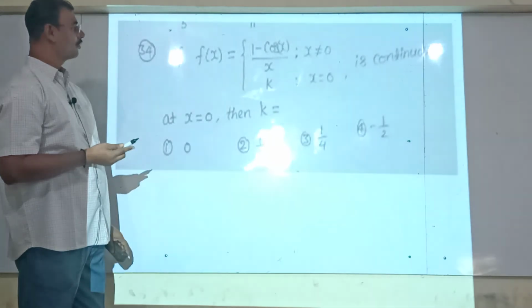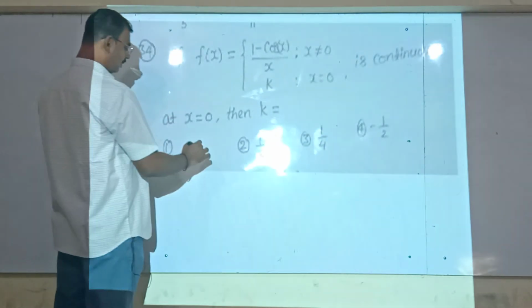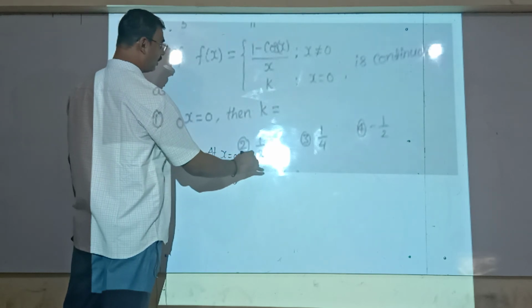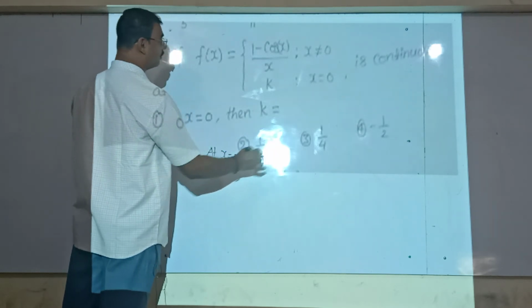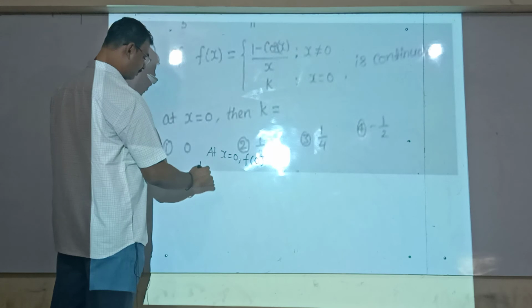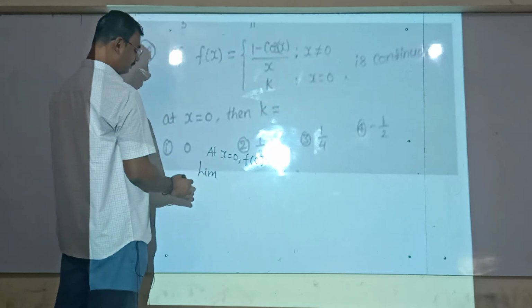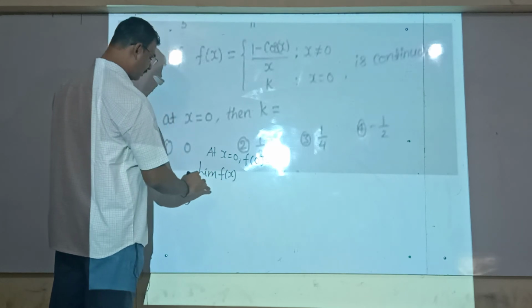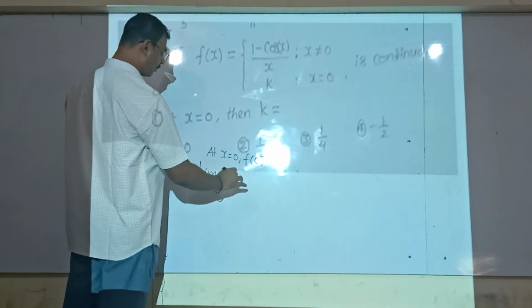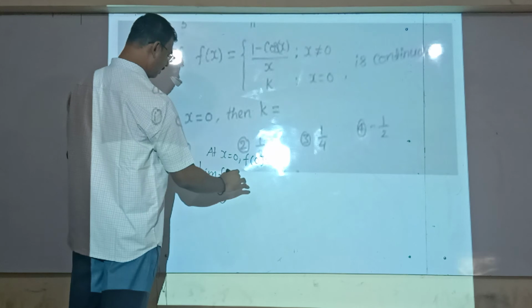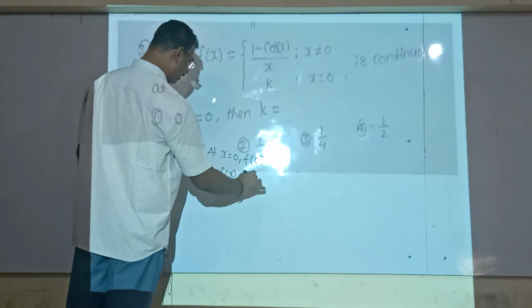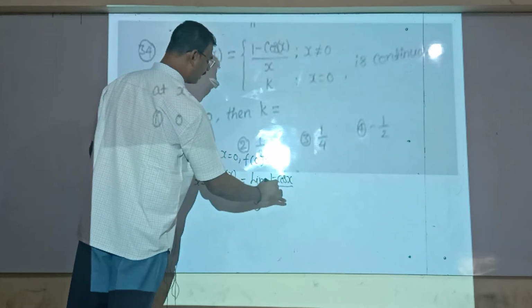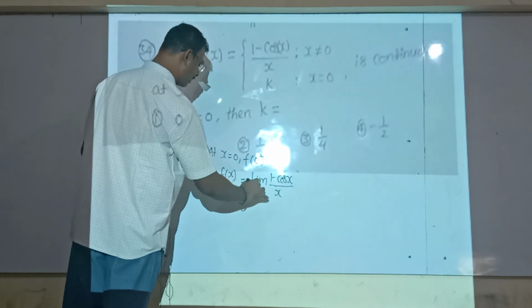Same problem: at x is equal to 0, f of 0 is equal to k. We only need to find the limit. Limit of f of x as x approaches 0 is equal to the limit of 1 minus cos x divided by x as x approaches 0.